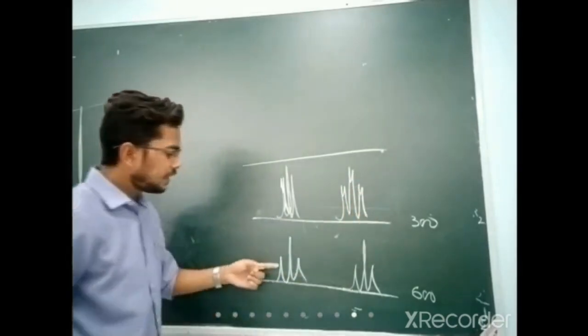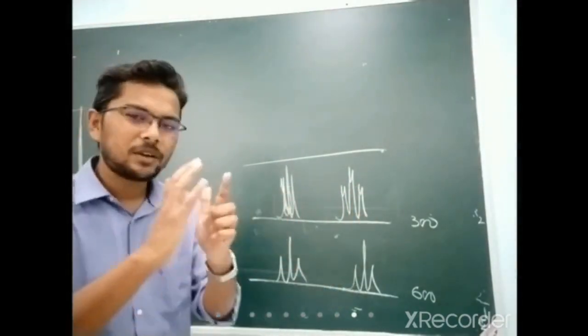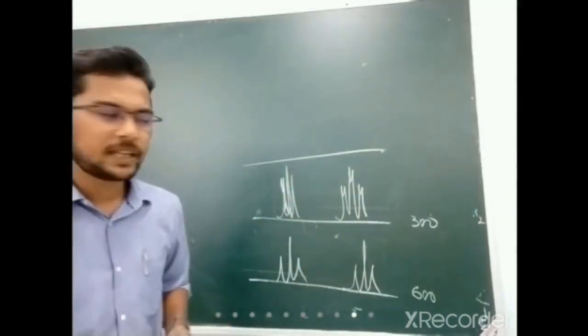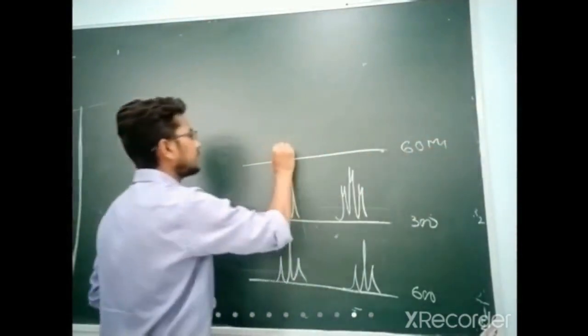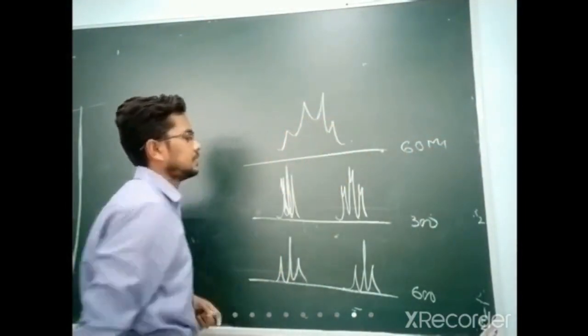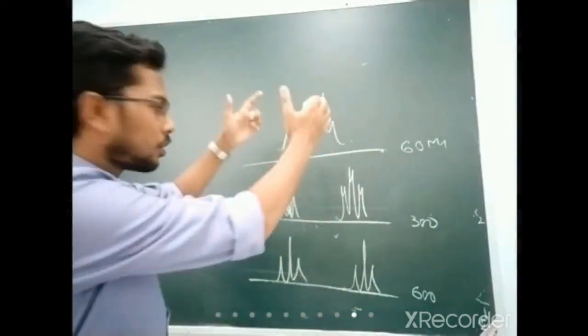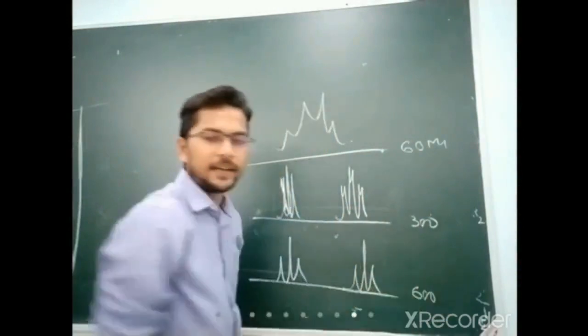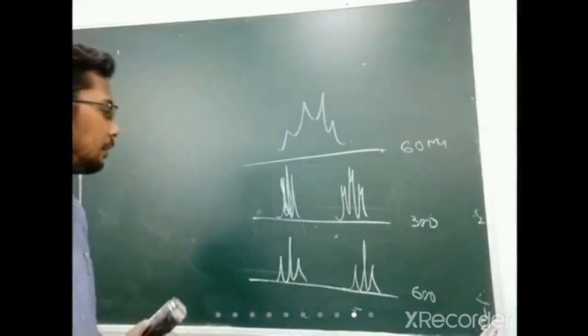If you see here, these are very fine lines, and here it becomes overlapping, a shaky kind of scenario. And if you record the same in 60 megahertz, you will get something like this. So this whole thing becomes clearer as you go from lower to higher magnetic field NMR instruments.